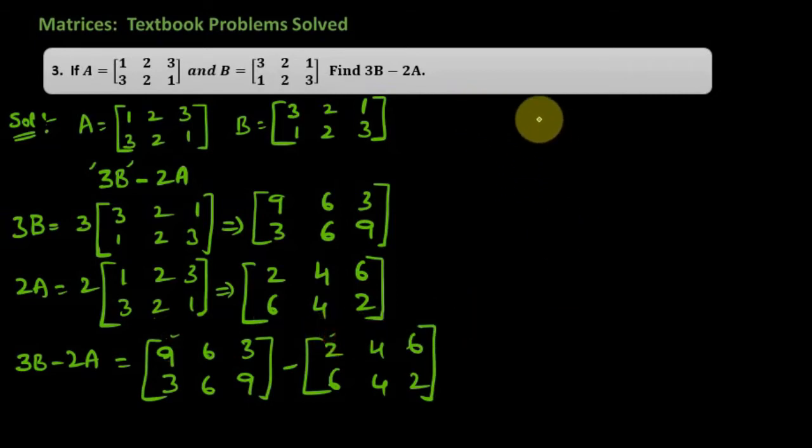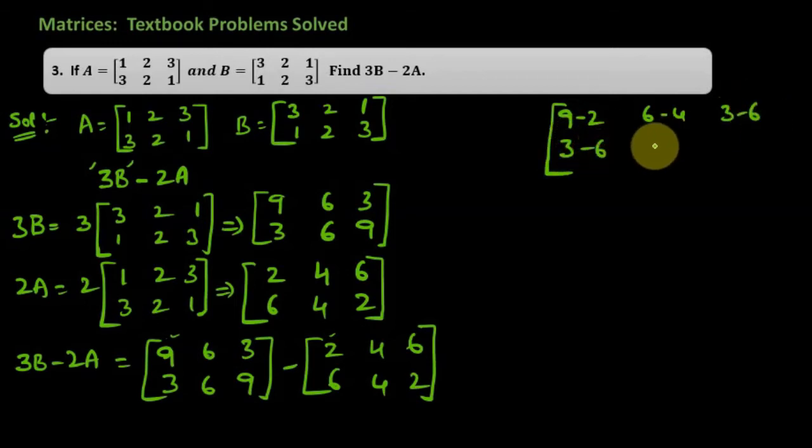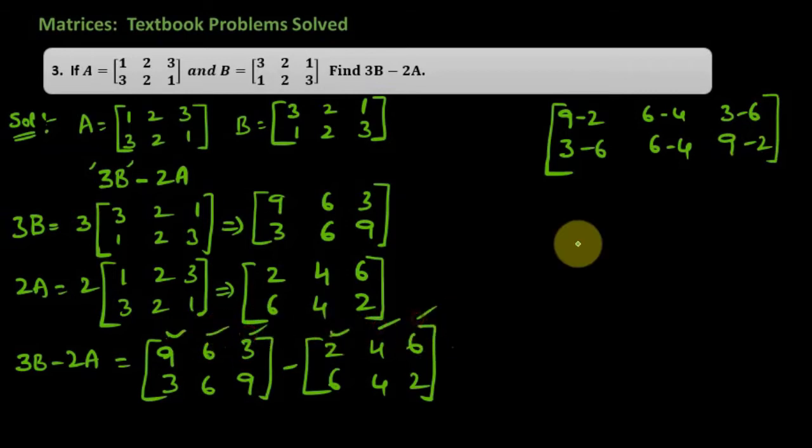Okay, so first 9 minus 2, then 6 minus 4, then 3 minus 6. Similarly 3 minus 6, then 6 minus 4, then 9 minus 2. Okay, corresponding elements. First minus first, second element minus second element, third minus third, right?